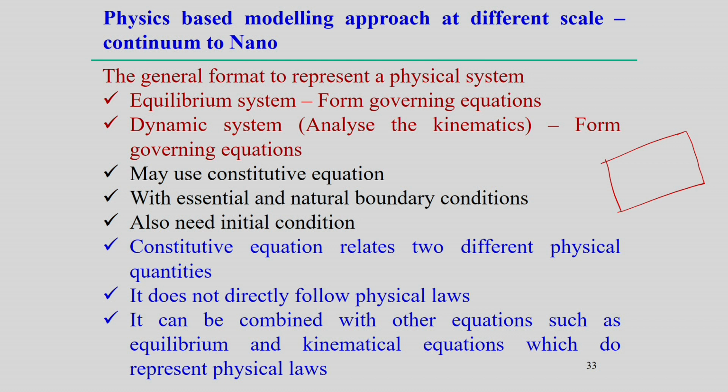For example, if it is a static system, in most cases we assume the heat conduction equation prevails. The three dimensional heat conduction equation is the standard equation, and we assume that under equilibrium condition this equation is satisfied. Once we know the heat conduction equation within this domain, we just solve this governing equation and we can get the solution in the form of temperature.